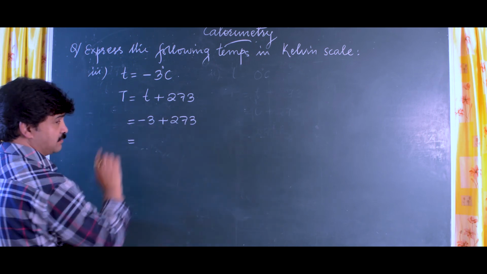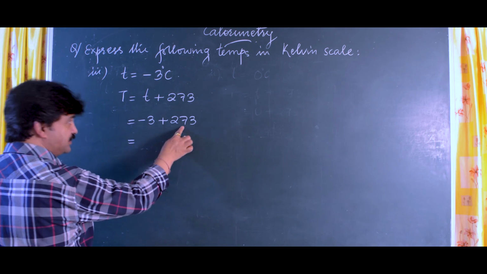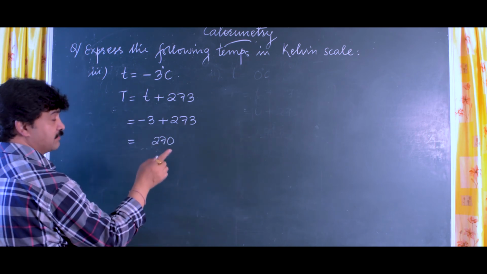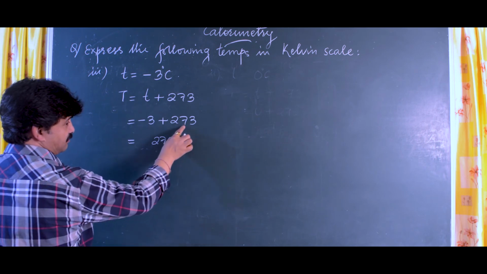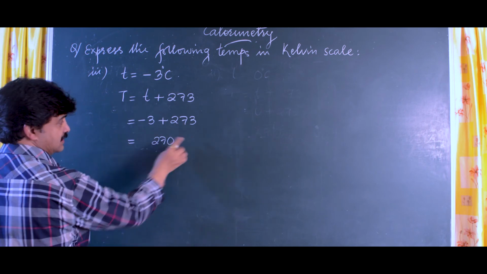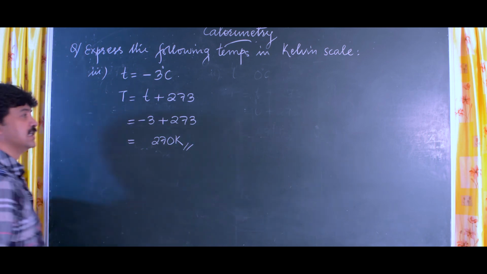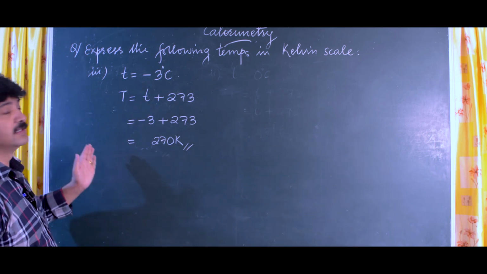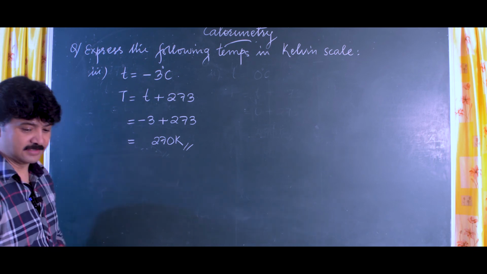Plus and minus, you have to subtract. So 273 minus 3 is 270, and when you subtract, you put the sign of the bigger number. The bigger number's sign is plus. So 270 Kelvin. This way we express temperature in Kelvin scale.